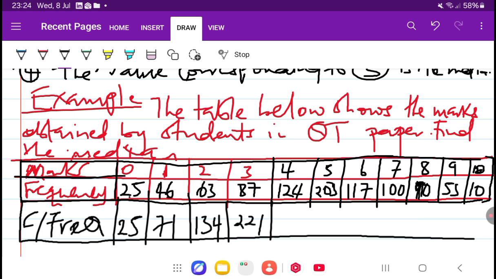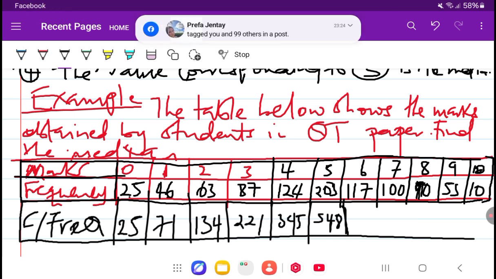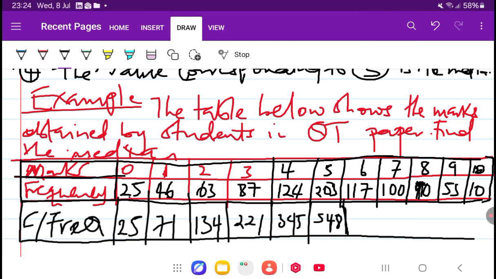221 plus 124, that gives you 345. 345 plus 203, it gives you 548. Then 548 plus 117, that gives you 665. 665 plus 100, that gives you 765.